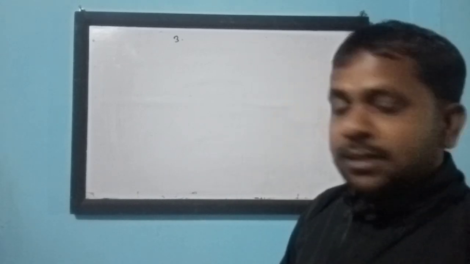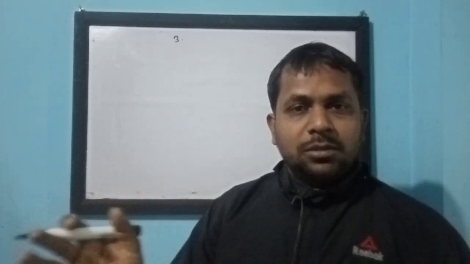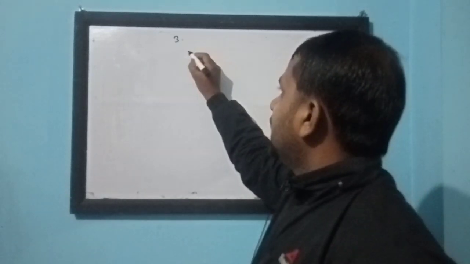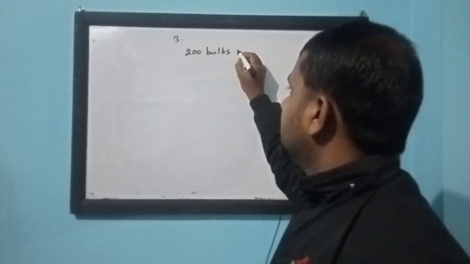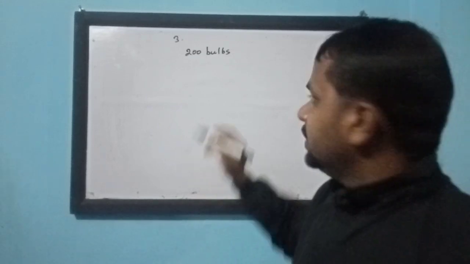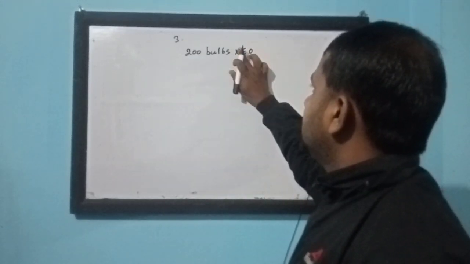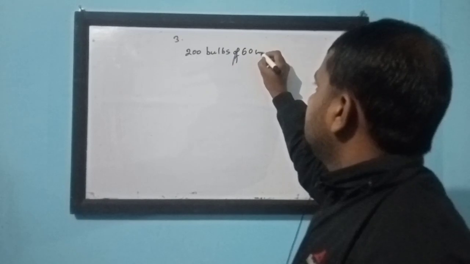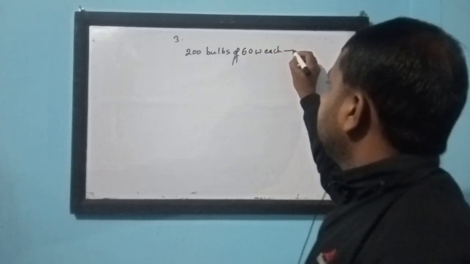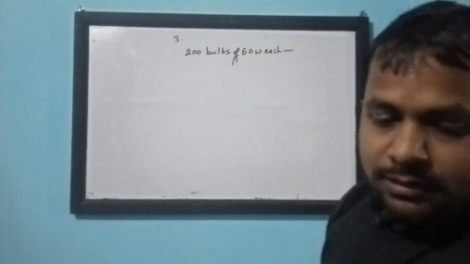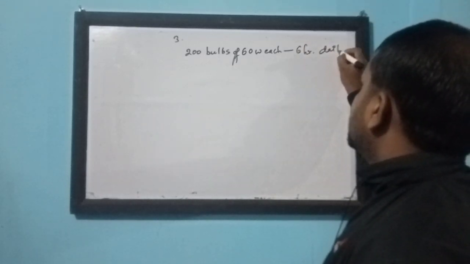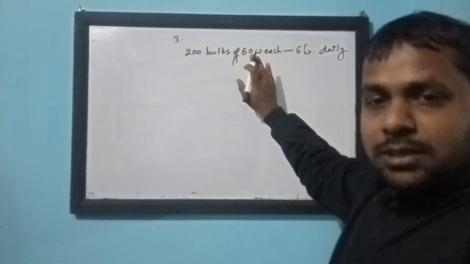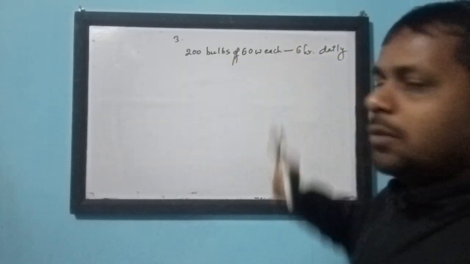Suppose it is said at any place, like a hostel or a school, that there are 200 bulbs of 60 watt each, run for 6 hours daily.